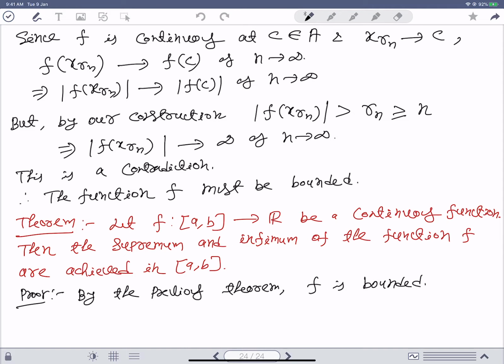That means the set f([a,b]), that is the image of [a,b], is a bounded set in R, right? Now this is a bounded set in R, that means it has a lower bound and it has an upper bound. Therefore, by the completeness property of R, we know that this set has a supremum and has an infimum.